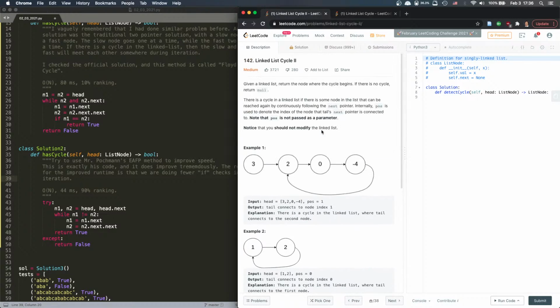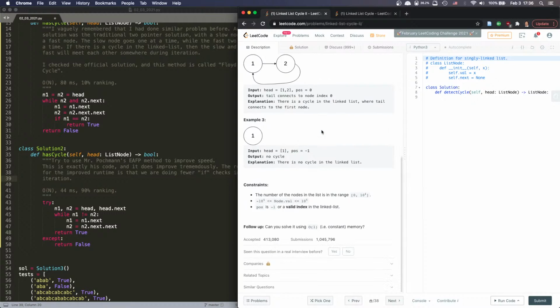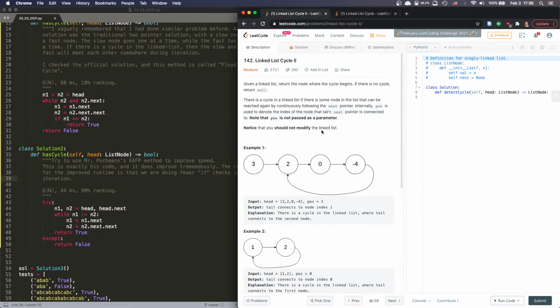We know where they meet, right? That's when they meet, the first time they meet, and then can we judge based on when they meet? And they also require O(1), I think. Yeah, constant memory.